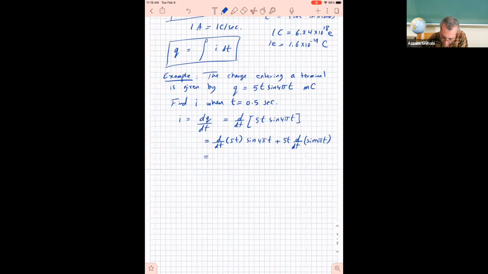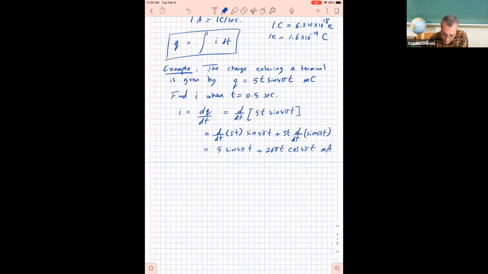So we have 5 sine 4 pi t plus the derivative of sine 4 pi t, the derivative of the inside is 4 pi times 5t, so that's 20 pi t. And then the derivative of sine is cosine 4 pi t. And the units now are milliamps, because we started with millicoulombs.